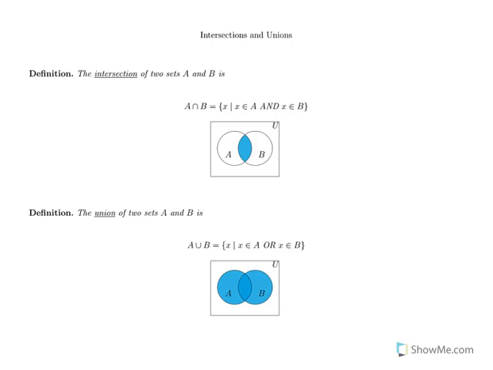So the intersection of two sets A and B, and there's our keyword there, and, is going to be A, this little upside down U symbol, B, is equal to the set of all x such that x is an element of A and x is an element of B. If we think about the Venn diagram, we have a circle for A, we have a circle for B, and if it's in both A and B, then it has to be the intersection of those two circles, and this little area we have shaded in the picture. So this is the intersection of two sets.